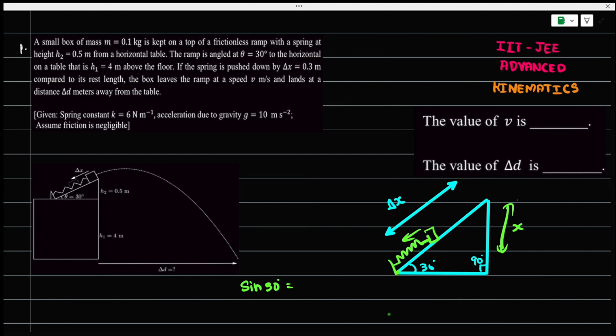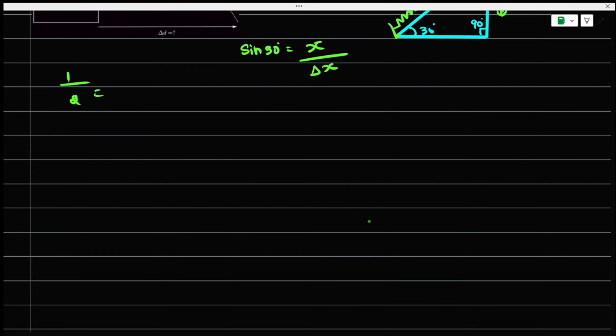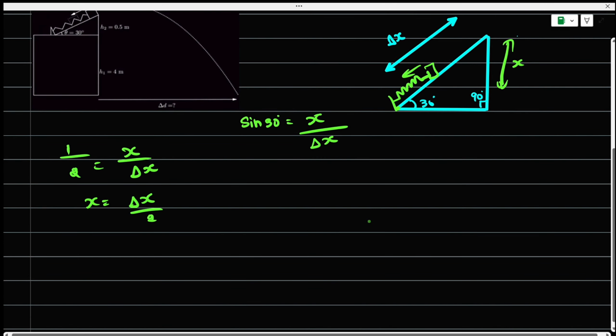So let's take this as x. So x by delta x. Now sine 30 degree is 1 by 2, that equals x by delta x. Now x equals delta x by 2. So therefore x equals delta x by 2.